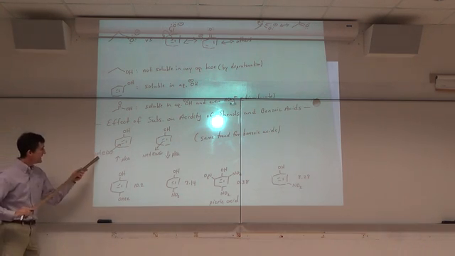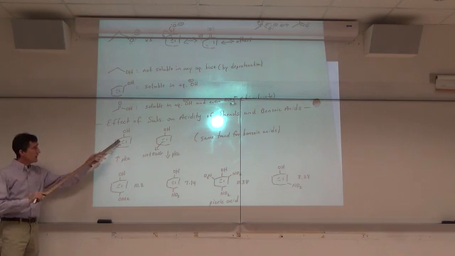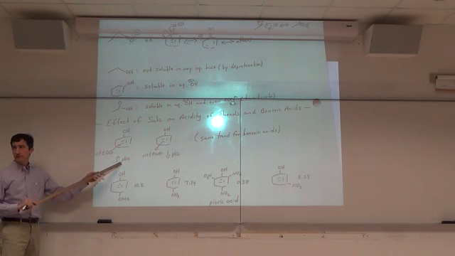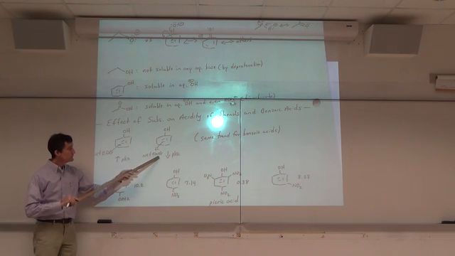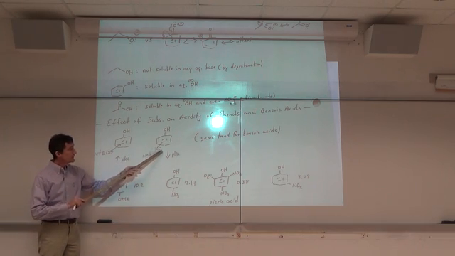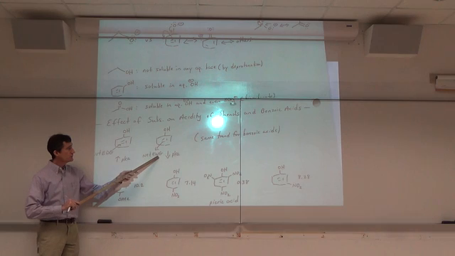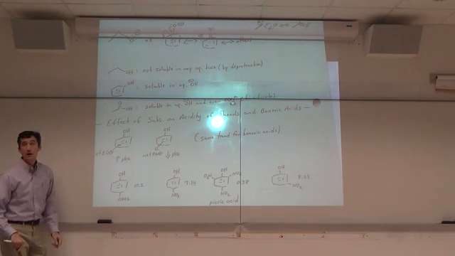Ultimately, if you put a net donating group on the phenol, it's going to increase the pKa, which means it makes it less acidic. If you put a net withdrawing group on the ring, it will lower the pKa, thus this will make it more acidic. Well, that should make sense.